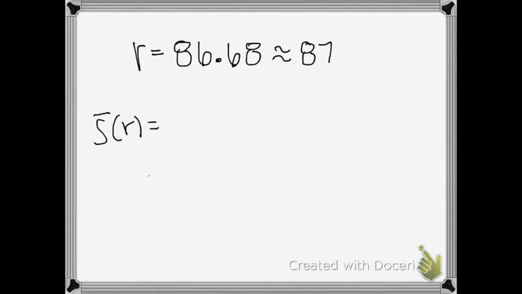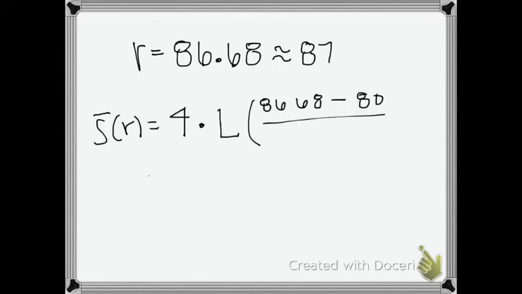Solving for the expected shortages per cycle with this given value, we get a standard deviation, also known as sigma, of 4 times L of (86.68 minus 80) all over 4. This turns out to be 4 times L of 1.67.